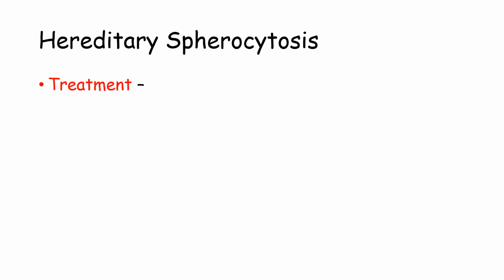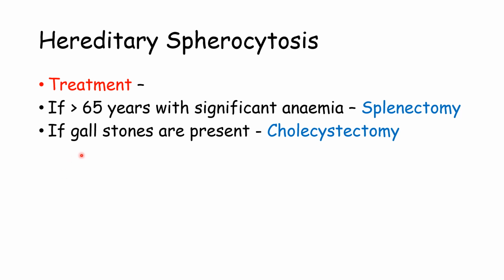Now coming to the treatment part. Most of the time these patients are asymptomatic and that is why no specific treatment is required. But if the patient is greater than 65 years of age and is having significant anemia, then we can do splenectomy, because the spleen is the only thing that is trapping the RBCs and destroying them, isn't it?